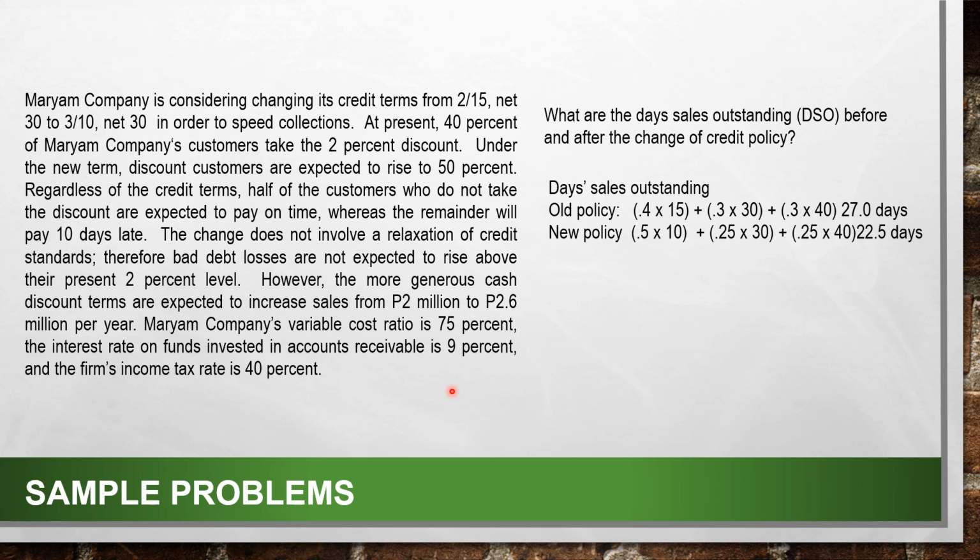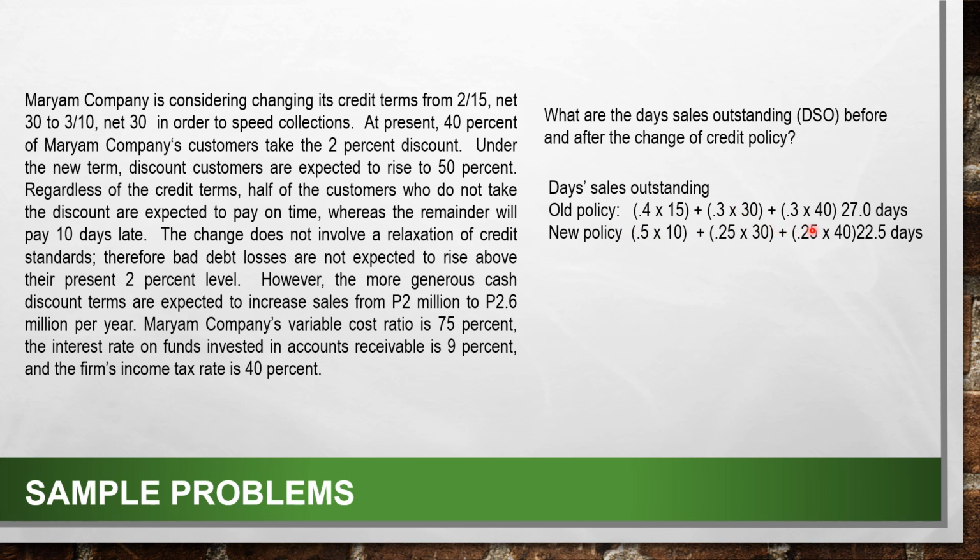Those who took the discount are 40%, so the remaining who did not take the discount are 60%. They are paying within the time, so 0.3 times 30. Then the remaining will be 10 days late.